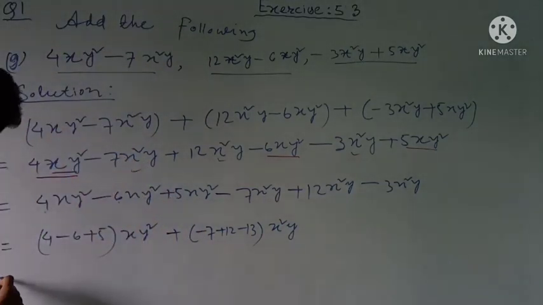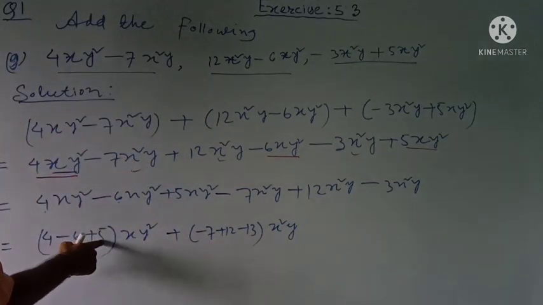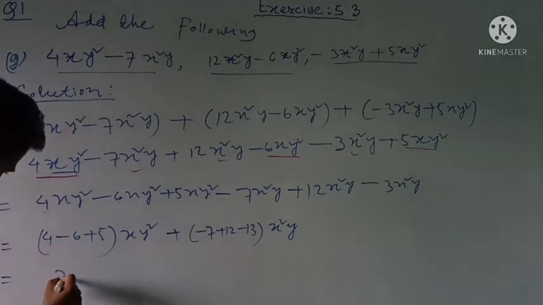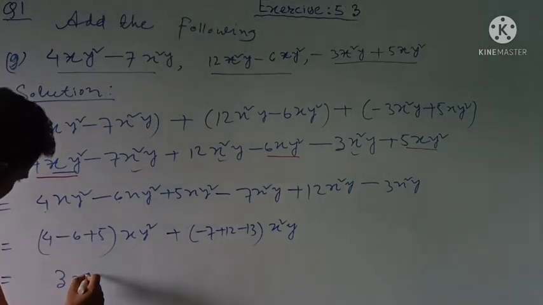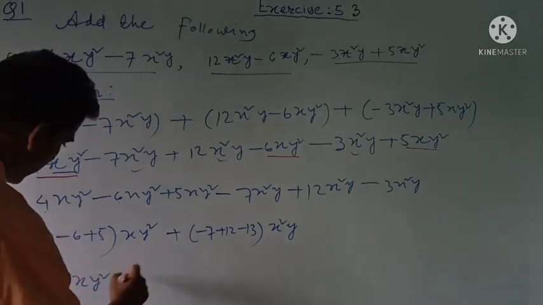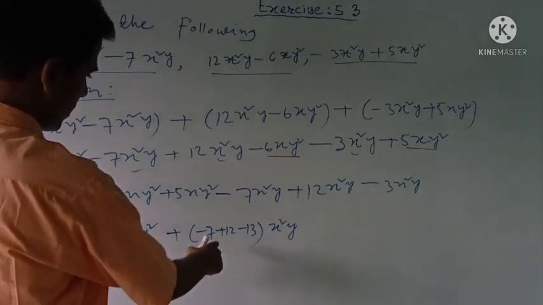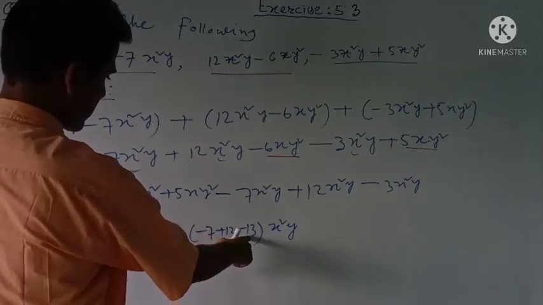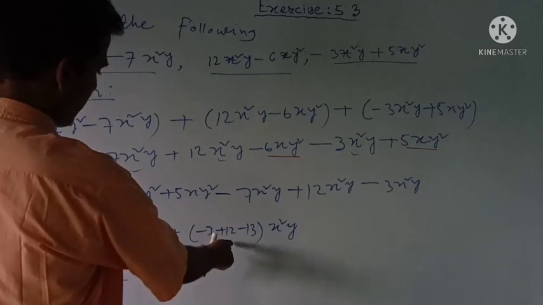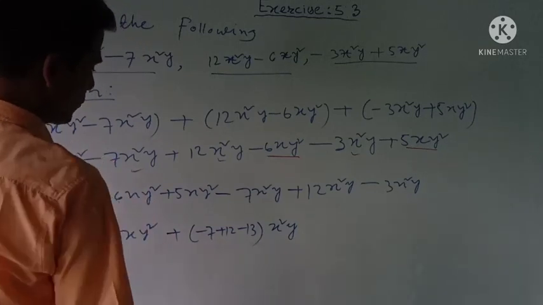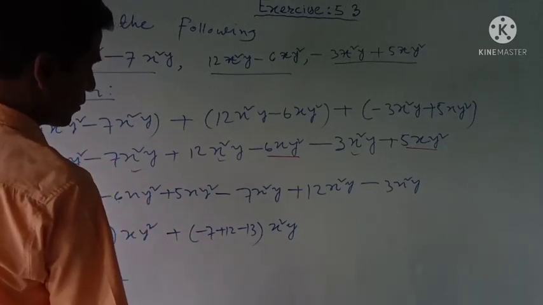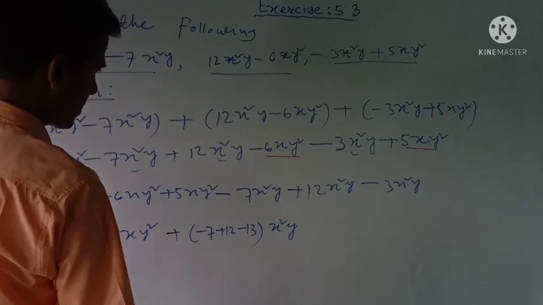Okay, now see here, 4 plus 5 is 9, 9 minus 6 is 3, so 3xy square. Then plus, here see, minus 7 minus 13, we know minus 20, and plus 12. From 12 we cannot subtract 20, so it will be minus 8.